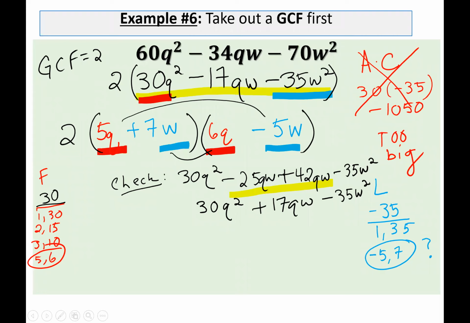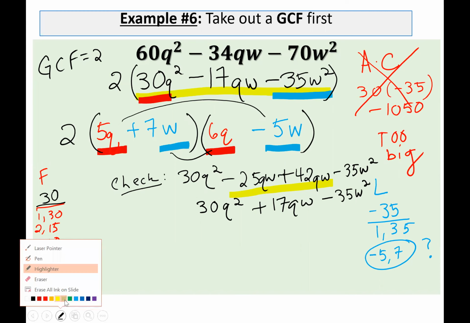So here's what we do. All we have to do is switch the signs in our factors. Okay, so if this happens to you, if you're trying to factor this way using trial and error, you're checking your answer, it's so close, the only thing wrong is the sign, meaning it's plus instead of minus or vice versa.